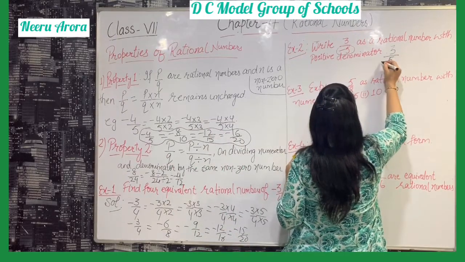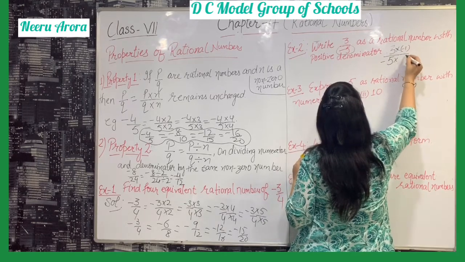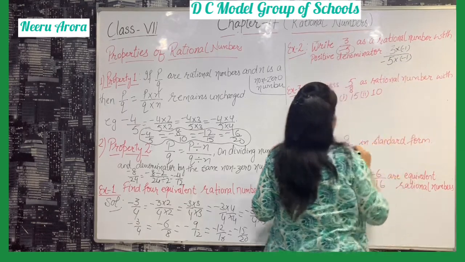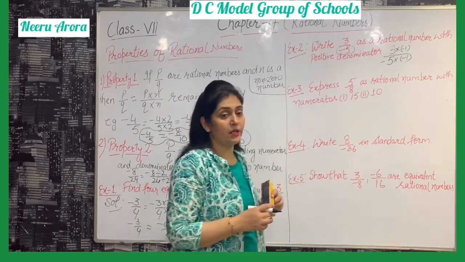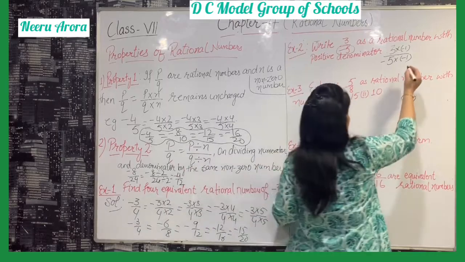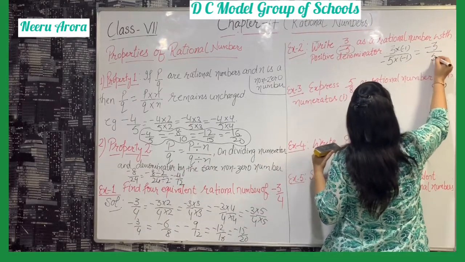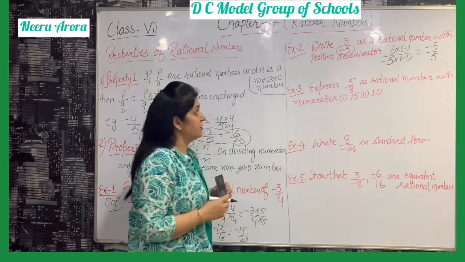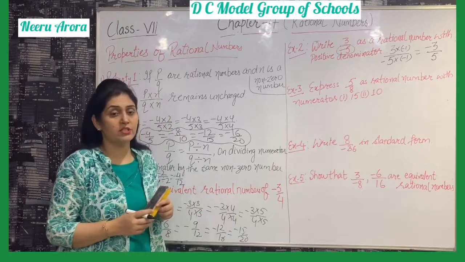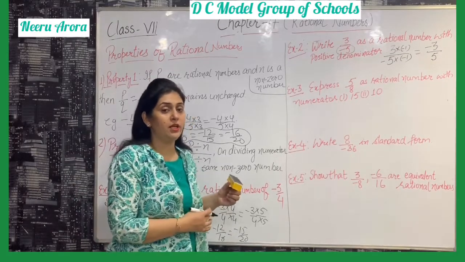By multiplying numerator and denominator by minus 1. So we get minus 3, and minus into minus is plus, we get plus 5. So we have converted this rational number to one with a positive denominator just by multiplying its numerator and denominator by minus 1.